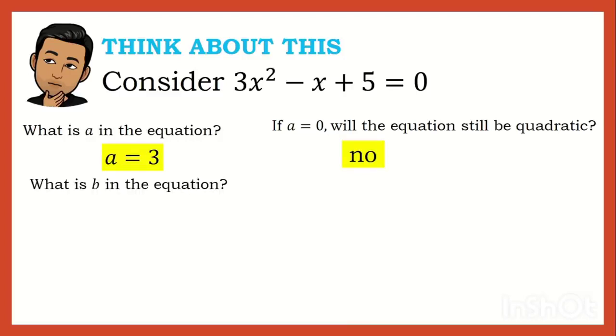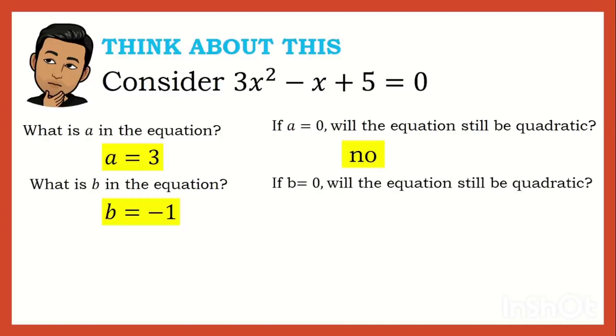Next, what is B in the equation? So B is equal to negative 1. If B is equal to 0, will the equation still be quadratic? Yes. We can still have A and C. What is C in the equation?